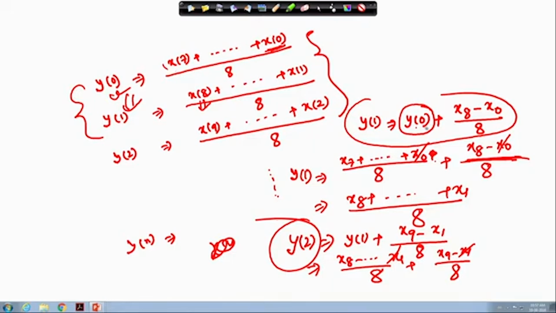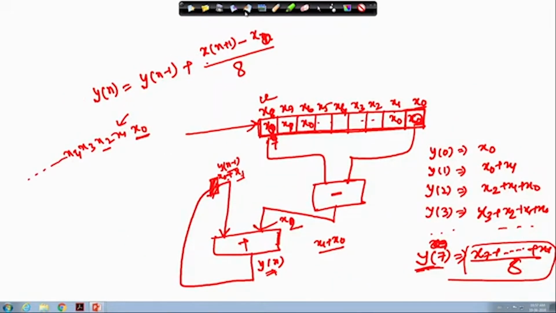So, that is why y 0 is written over here. Here y 7 is that particular case. So, at that time what will happen? y 8 will be y 7 plus x 8 minus x 0 divided by 8. y 7 is nothing but this corresponding value, 8 values we are not considering over here, we are considering only this.